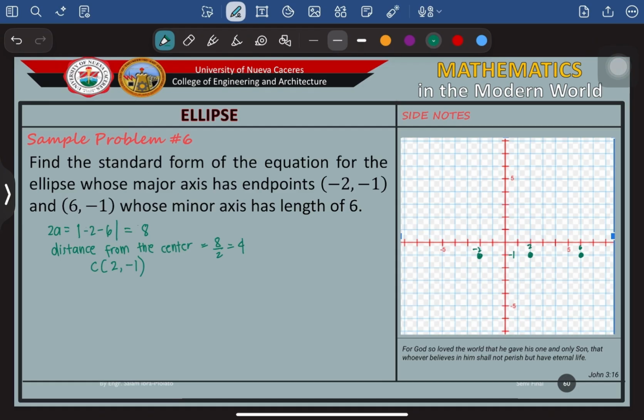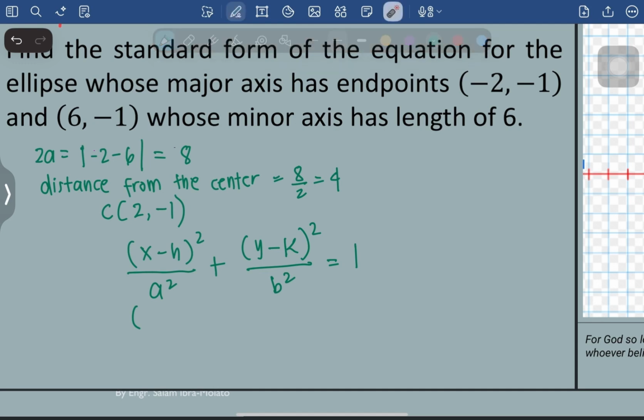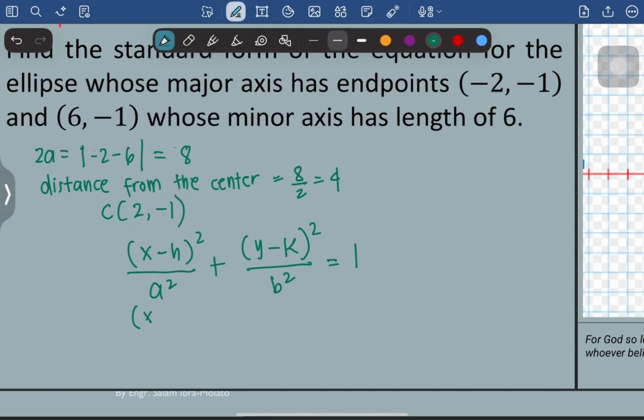To write the standard form, we use (x minus h) squared over a squared plus (y minus k) squared over b squared equals 1, since the center is not at the origin. Substituting the coordinates of the center: (x minus 2) squared plus (y plus 1) squared.